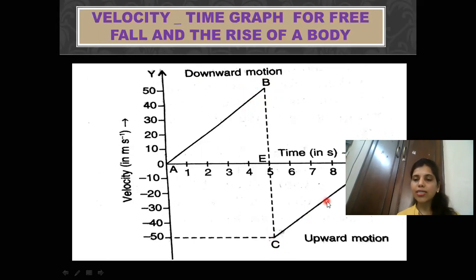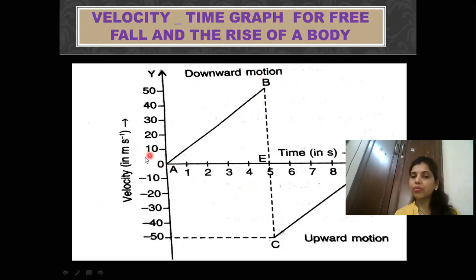As it is going against gravity, its velocity decreases. So it had a maximum velocity of 50, but when it reaches a certain height, its velocity becomes zero. So this is how the graph will be. This particular graph will be asked only for identification of the graph. So you have to say that it's a graph of a free fall body, because the body is thrown in the downward direction, it reaches the ground and bounces back, and then it is moving in the upward direction.